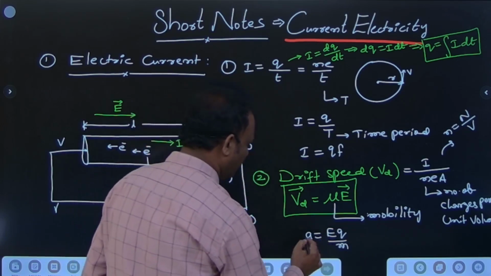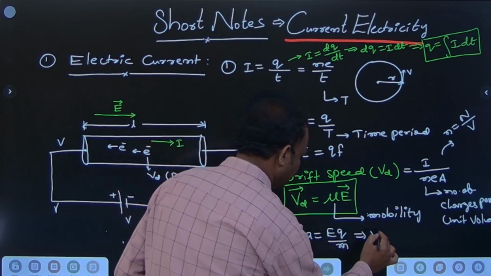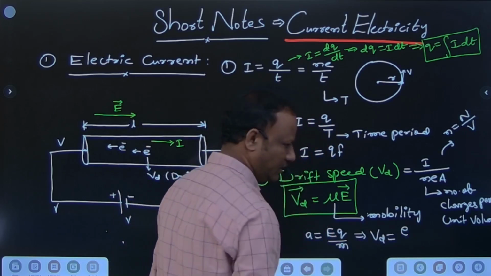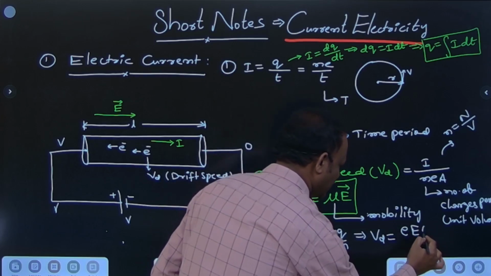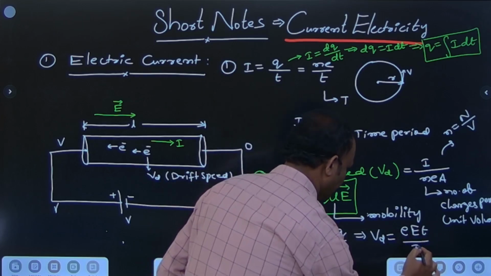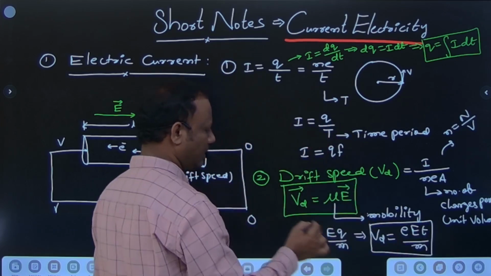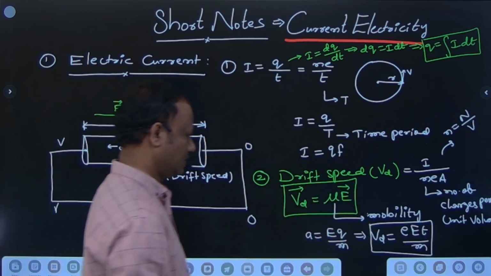So the drift speed Vd is equal to eE tau by m. This is the formula, so you need to remember it, as a direct question will be asked from this.